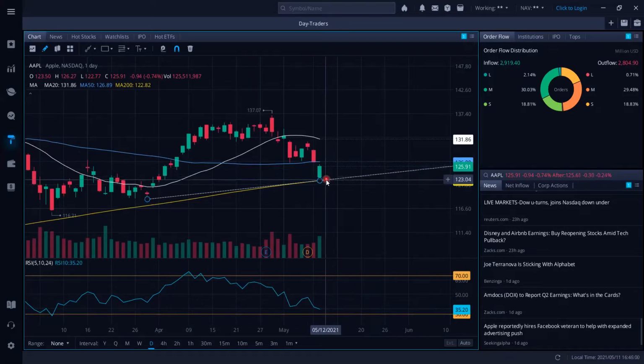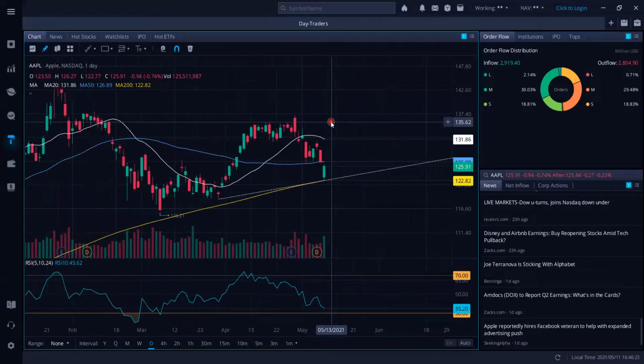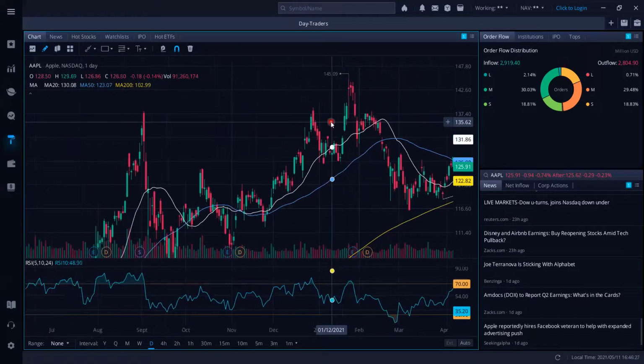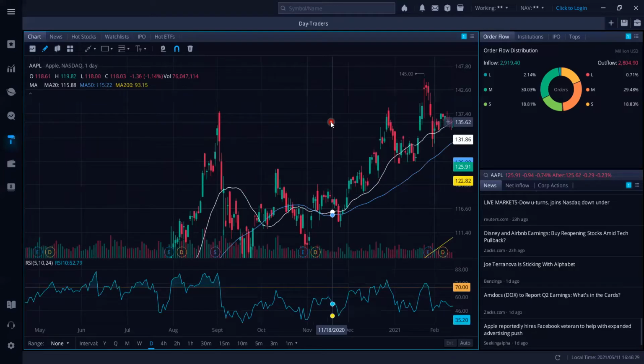Maybe it opens up down and works its way up from there. Or maybe it opens up halfway, comes down first, and then works its way back up.